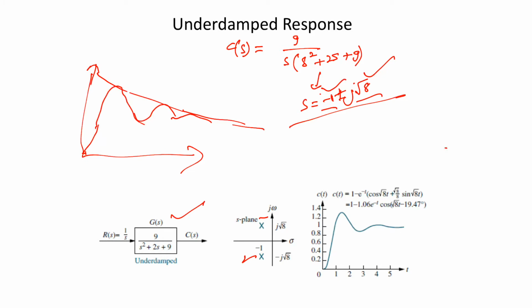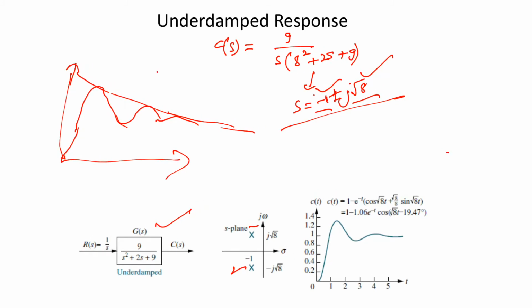That is, it has one exponential decay generated by the real part, and second is a sinusoidal oscillation generated by the imaginary part of the complex pole.